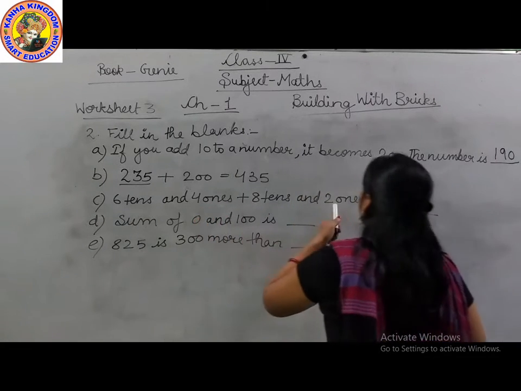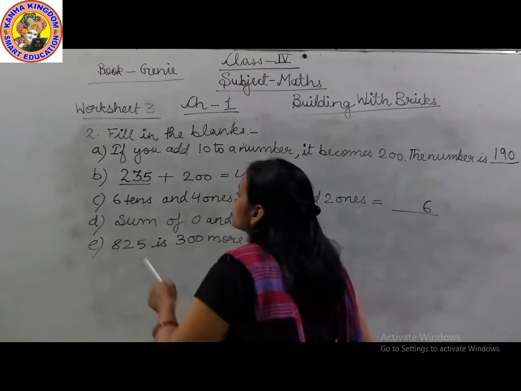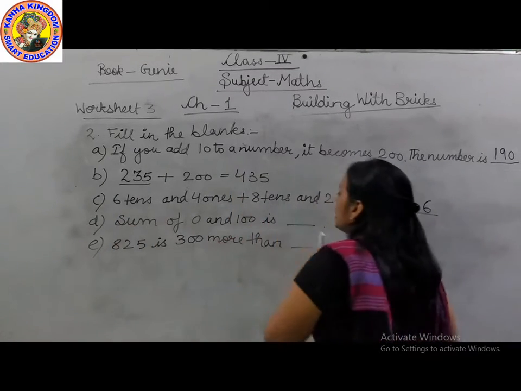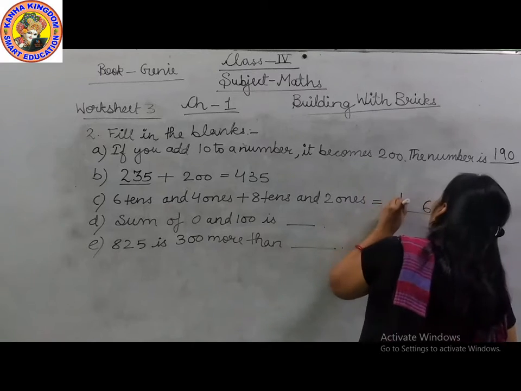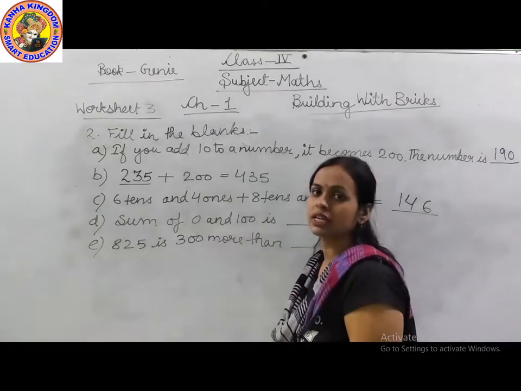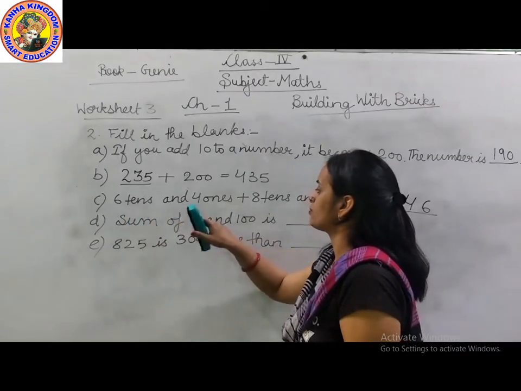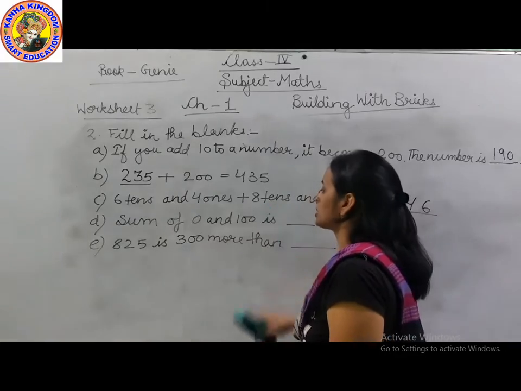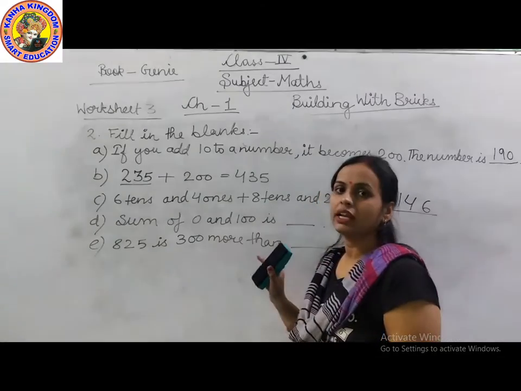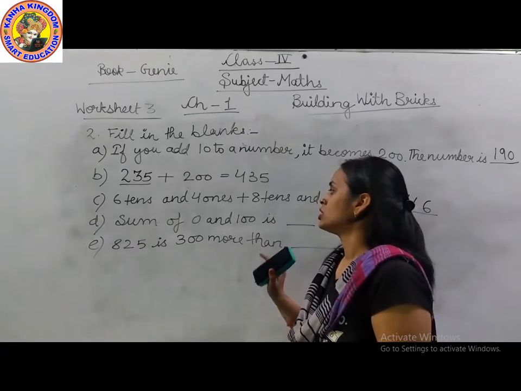So 4 plus 2, 6, 6 plus 8, 14. So our answer is 146.